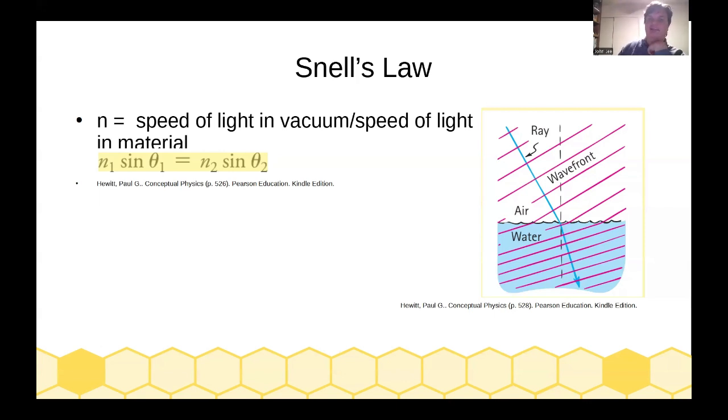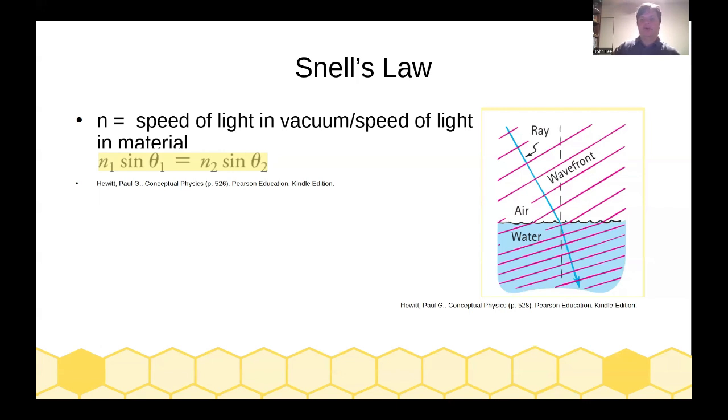What I had seen was the fact that as a beam of light goes in, the distance between the peaks of the wave, or the wave fronts, is going to become smaller because, if you'll remember, speed is equal to wavelength times frequency. So as frequency has to stay the same, but speed goes down, the wavelength has to go down.